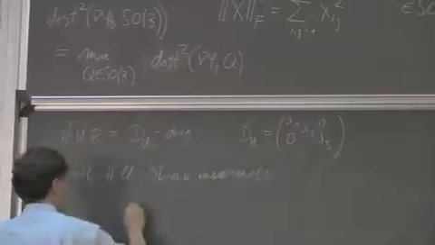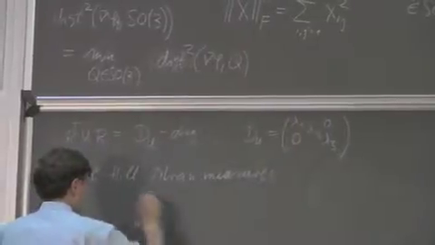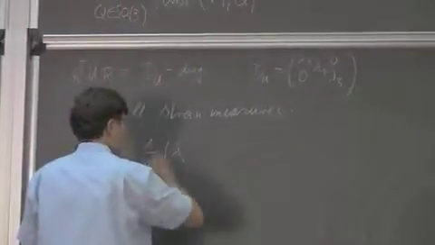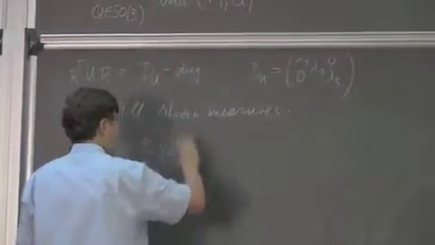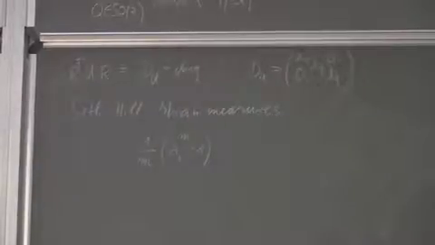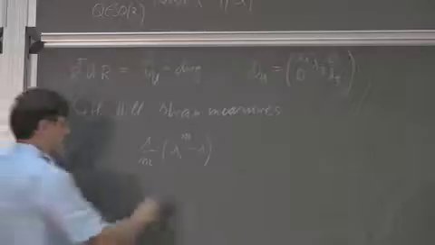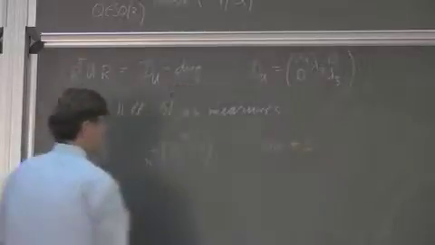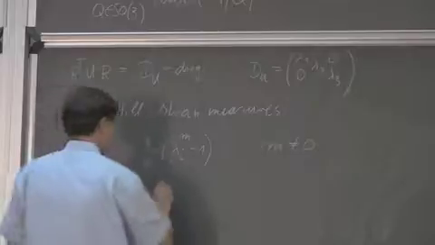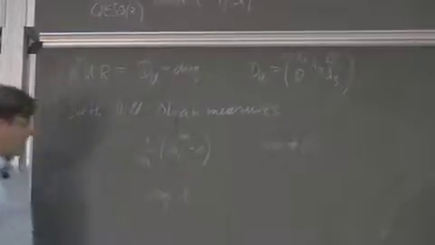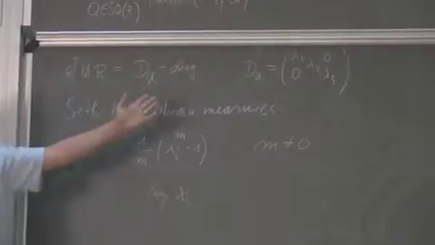You can take 1 over m, any number, times lambda i to the power m minus 1. This is a strain. This is for m not equal to 0, and for m equals 0, you take the logarithm of lambda i. The lambdas must be positive.